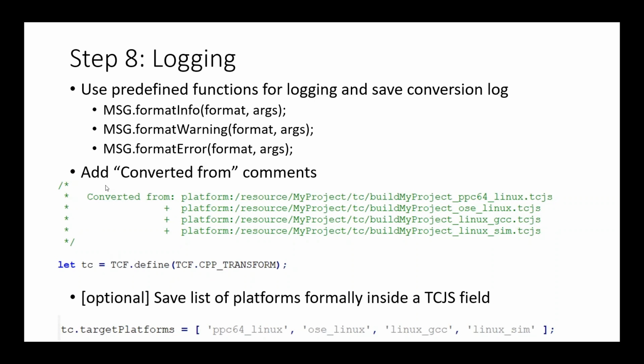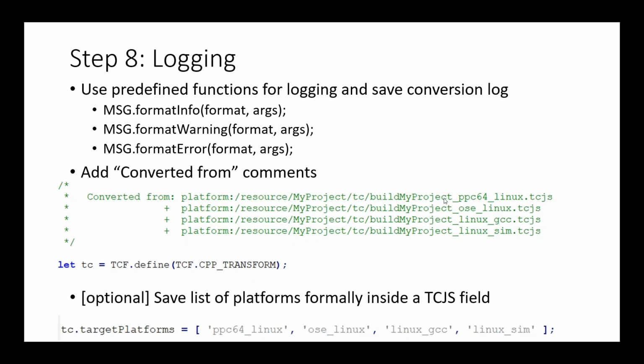So one of the hints is that we recommend to use a "converted from" comment. So you are creating a generic TCJS, and you are analyzing several platform-specific TCJS. So we recommend to store them in a comment, so you know which files were taken for this conversion.